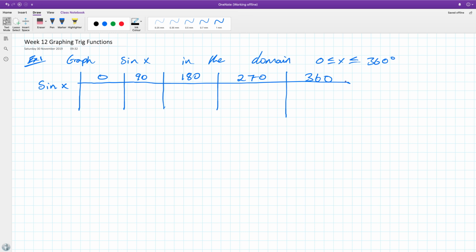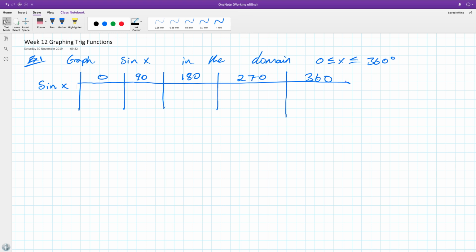Literally write in the sine of x. Hit equals. Right, where are we starting? Hit 0. Hit equals. Where are we ending? 360. Hit equals. And the step is what you're going up in. 90s. And there straight away it gives you all your points.